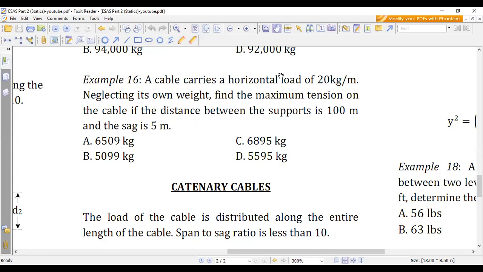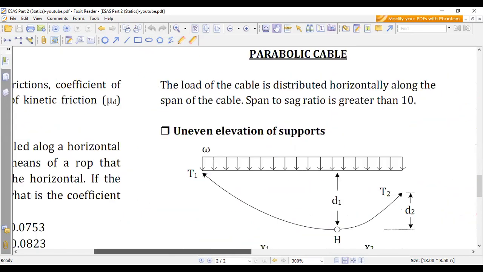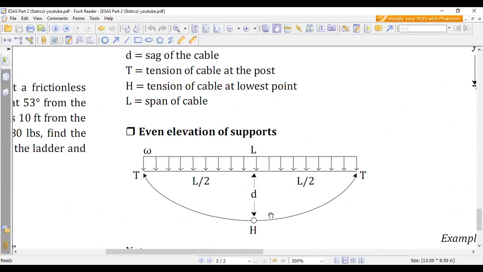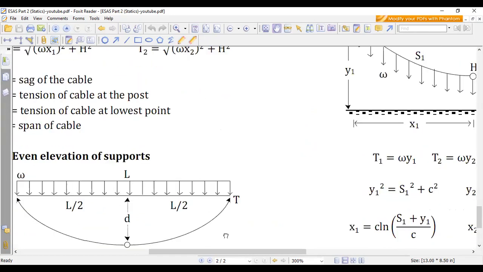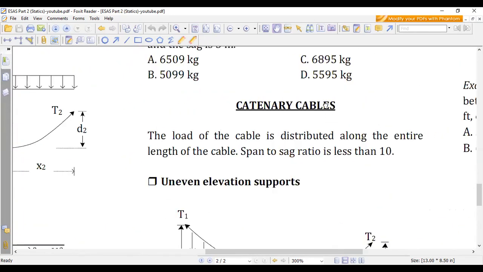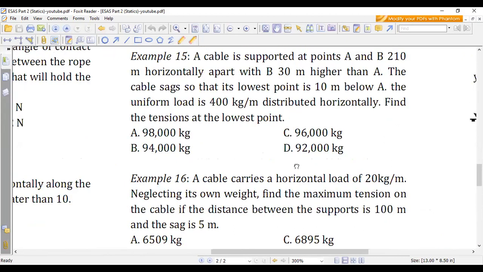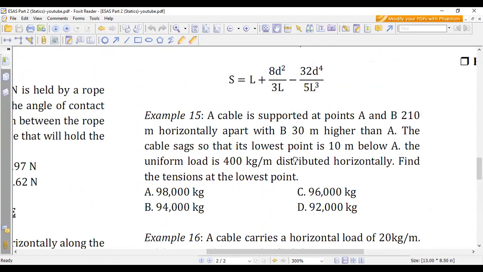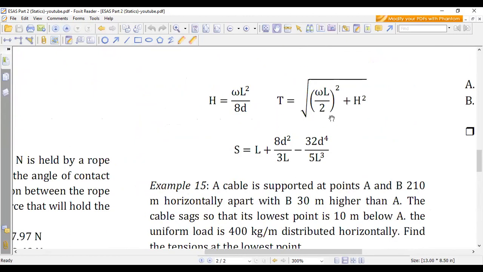So in problem number 16, it's very clear that the cable has even supports, the scenario would be this one. Okay, so we are being asked to calculate for the tension. So find the maximum tension, that is the T.